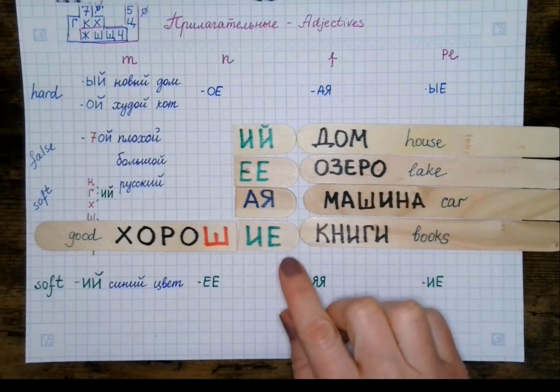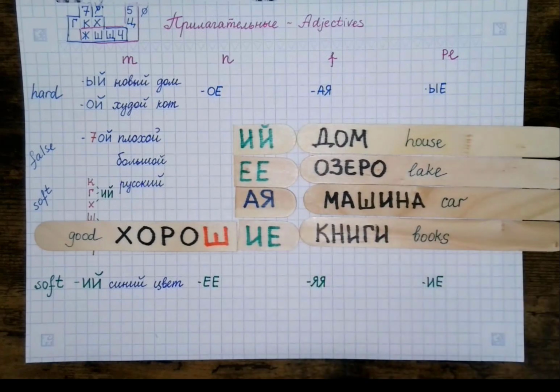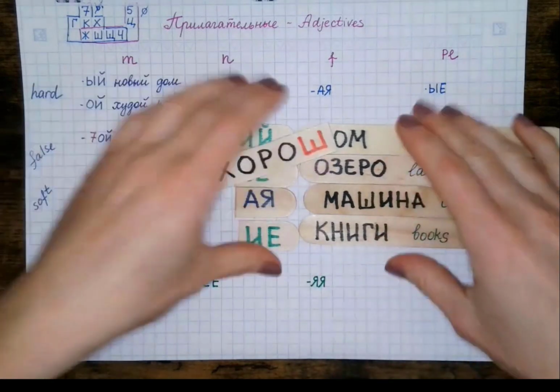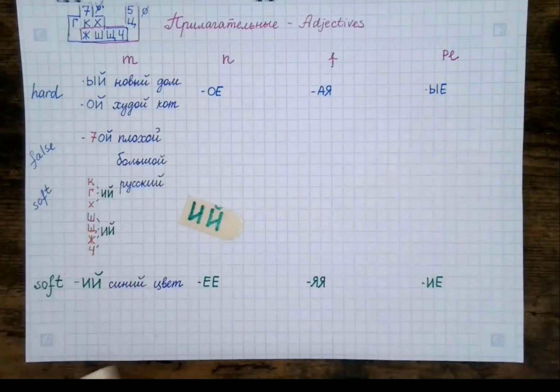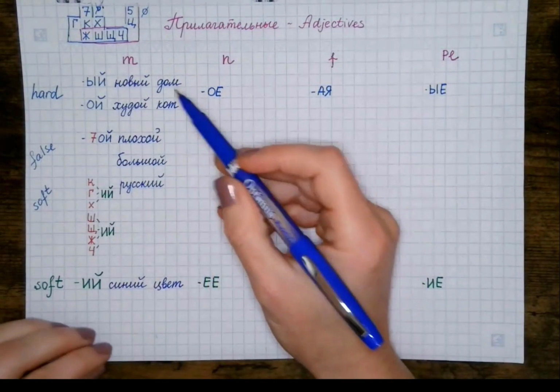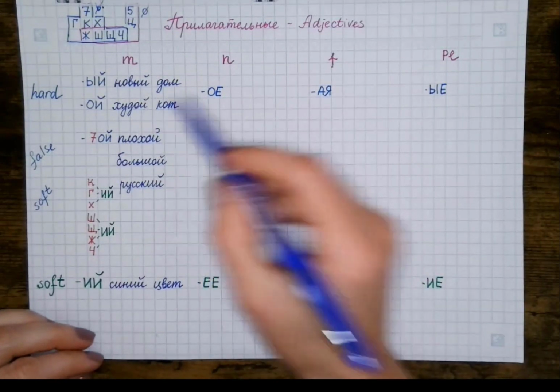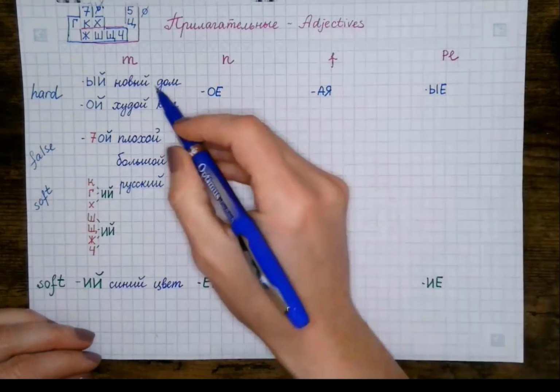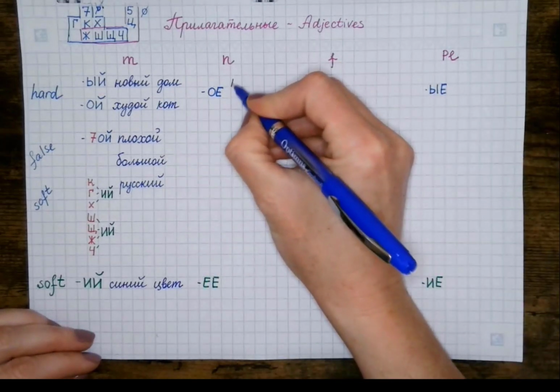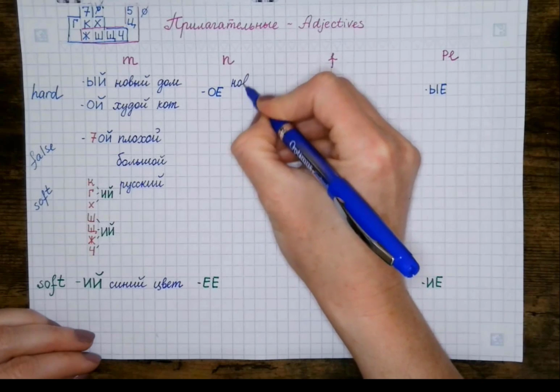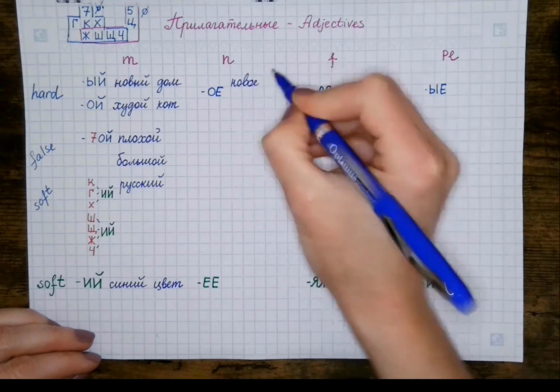So right now let's take a second and write more examples with all of these words. Let's start with our regular words. So новый, let's change it in all of these forms. Новый дом, but новое слово.